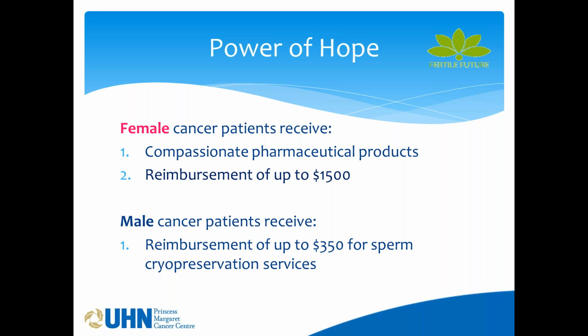Another important thing about the Power of Hope program is that the individuals that are eligible for this reimbursement must have gone through fertility preservation prior to their cancer therapy. Also for women and men, there are certain limits within household incomes for you to be eligible for these types of reimbursements.